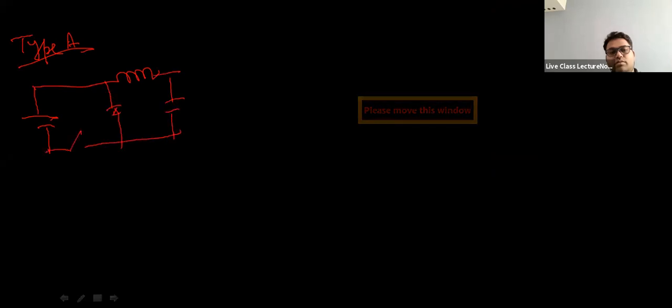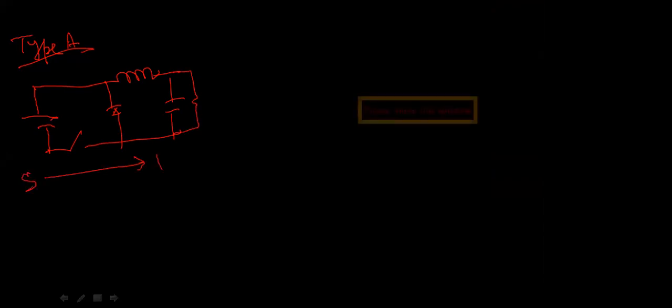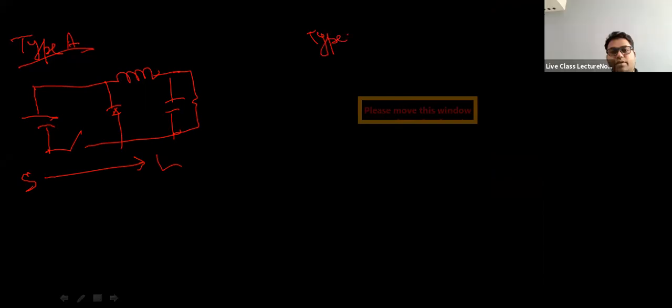Type A was only able to flow the power from source to load. Type B was only able to do it from load to source.